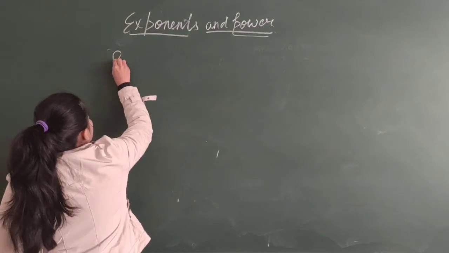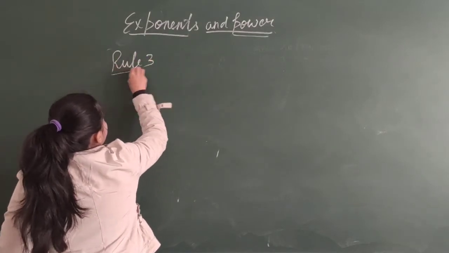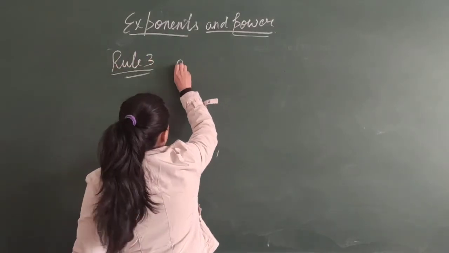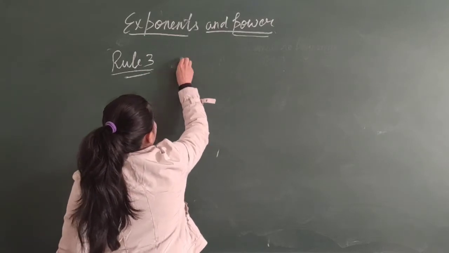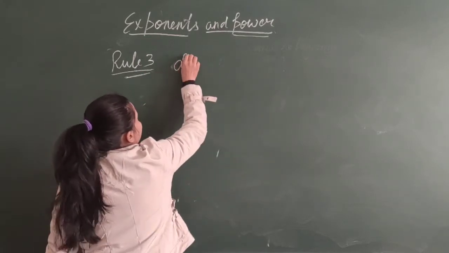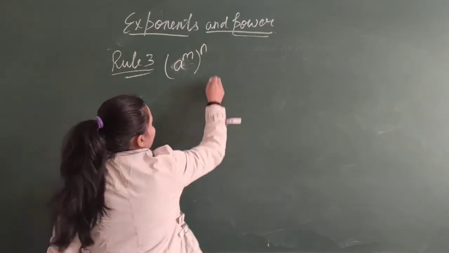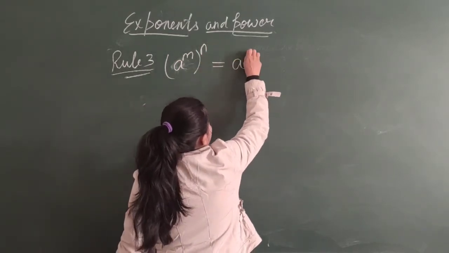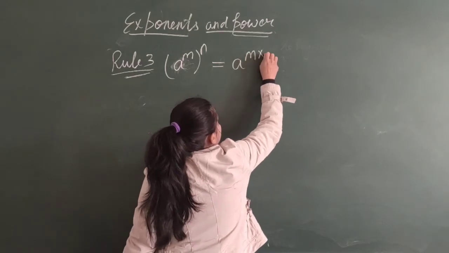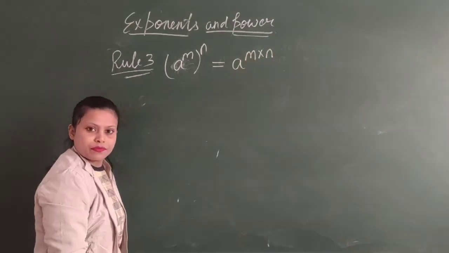So rule 3 is a to the power m, raised to power n, is equal to a to the power m multiply n.